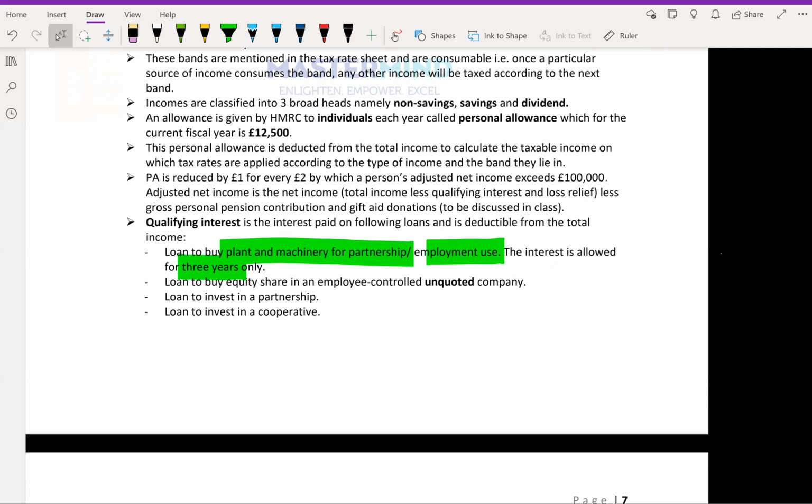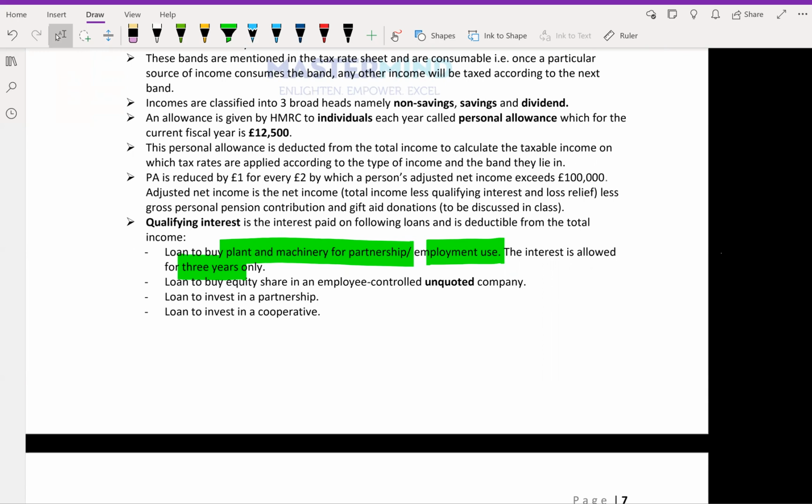Fourth, loan to invest in a cooperative housing society. There are housing societies. Technically, the government is responsible for the public places and all that.